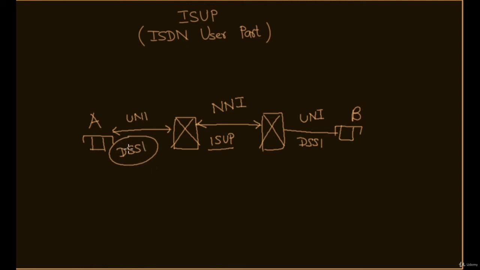This is just for integrating with the endpoint, so that is not the material for this course. Just for basic understanding, understand that it is a protocol between the endpoint and the exchange.